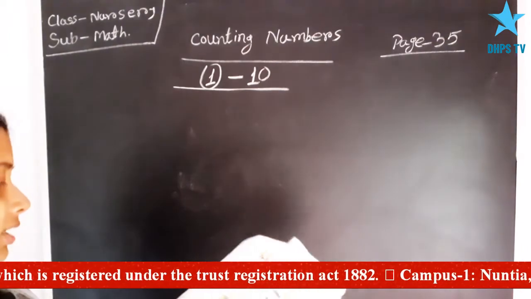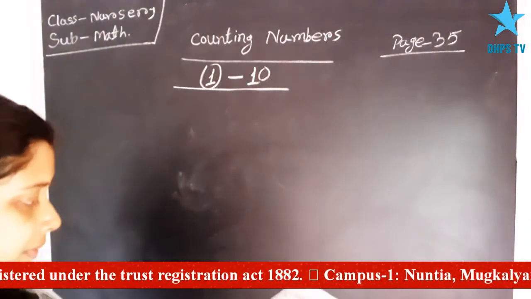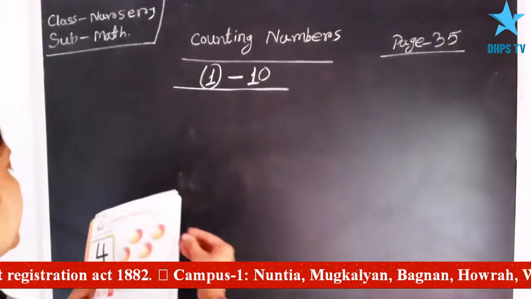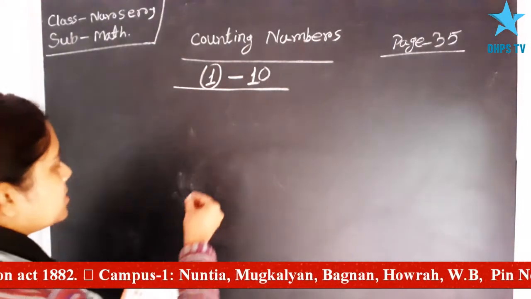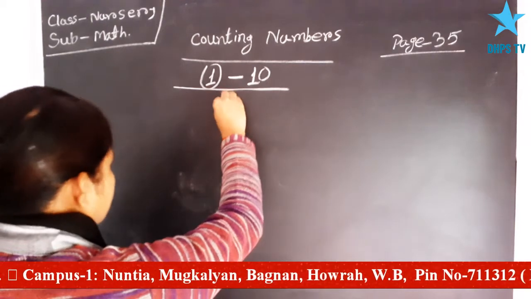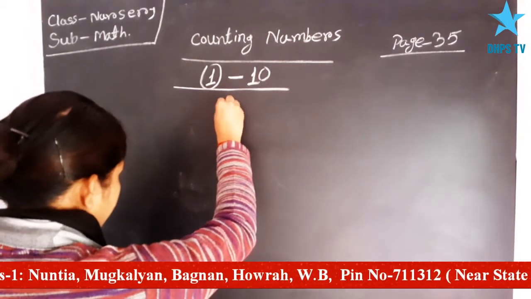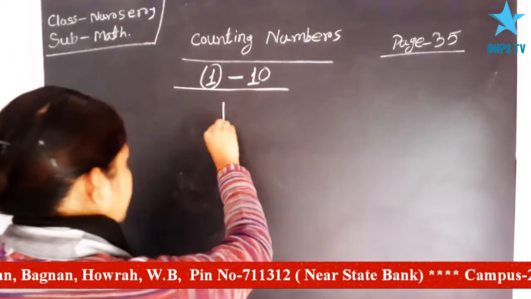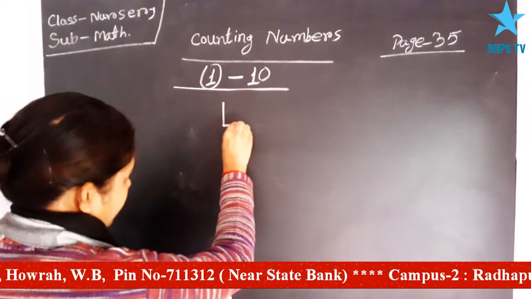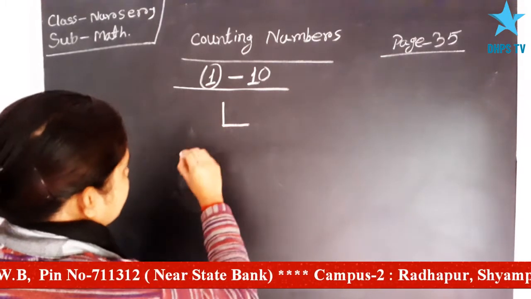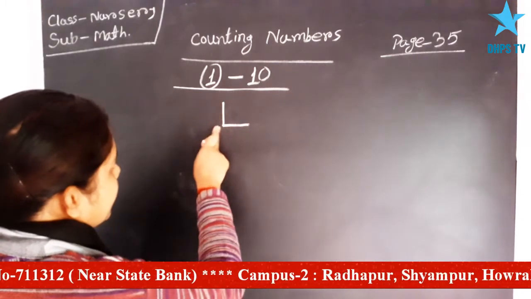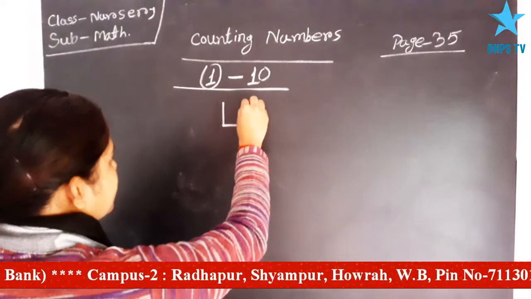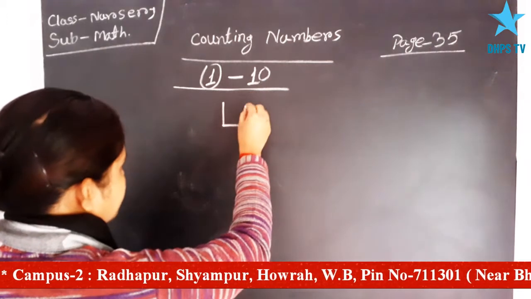Now turn the page number 38, and now the number is 4. So again draw a small straight line, then from the end point draw a small straight line horizontally like L. This is like L in your English alphabets.